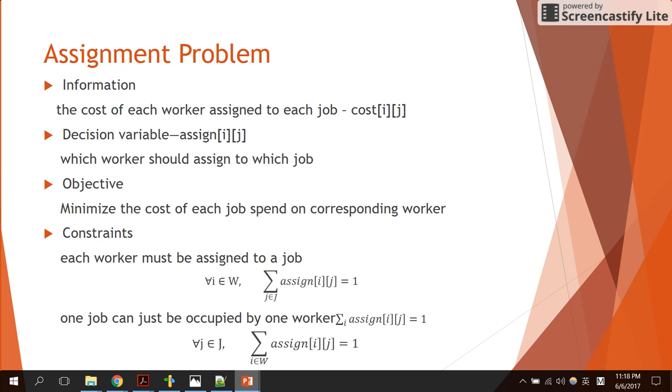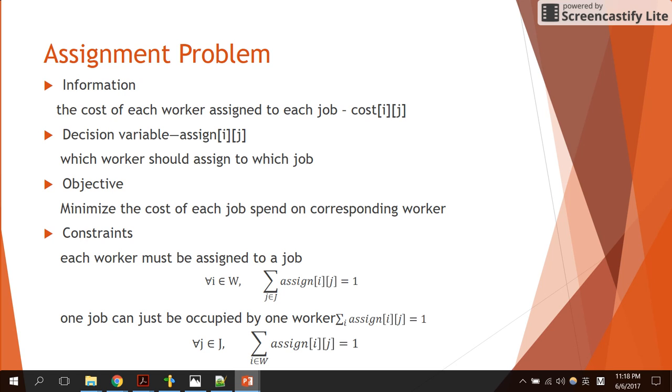The objective is to minimize the cost of each job spent on the corresponding worker. Mathematically, the objective is to minimize the sum of assign ij times cost ij. The constraints of this problem are: each worker can be assigned to exactly one job.